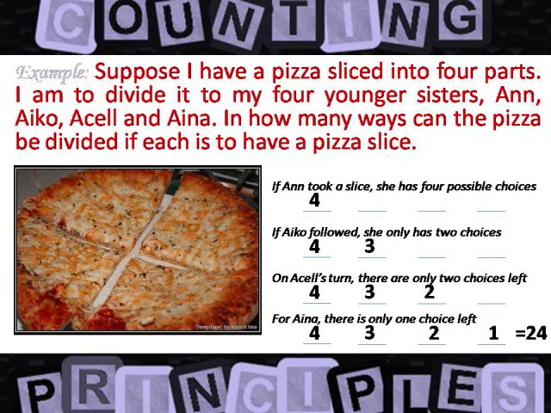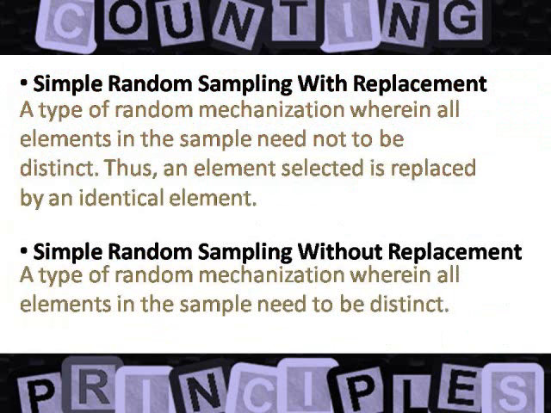Before we move on, let's first discuss what simple random sampling with replacement and simple random sampling without replacement are. First, simple random sampling with replacement, or simply SRSWR, is a type of random mechanization wherein all elements in the sample need not be distinct.